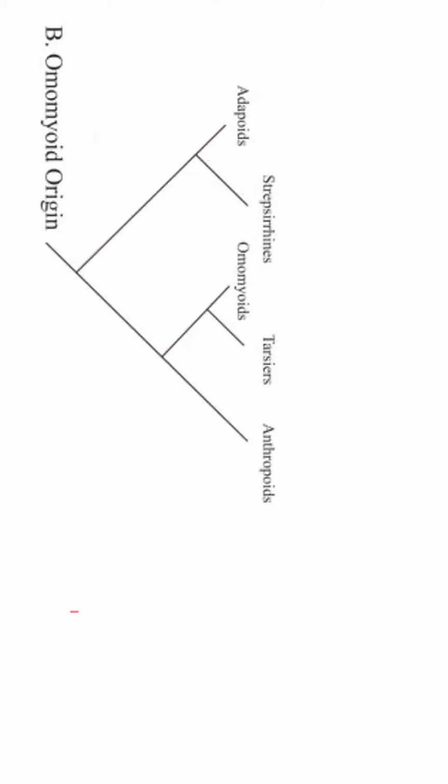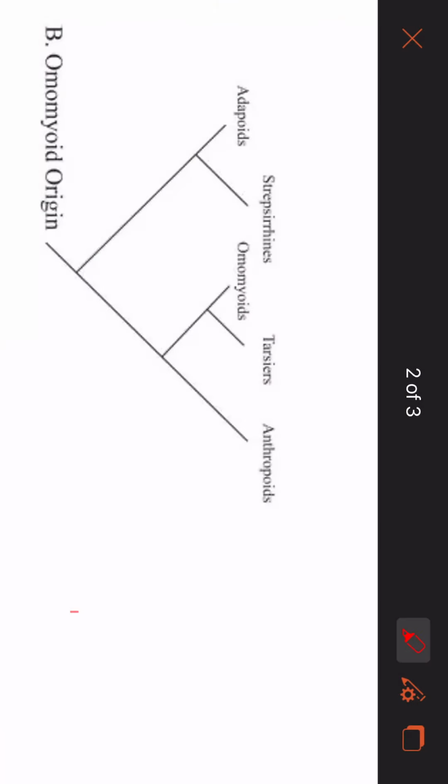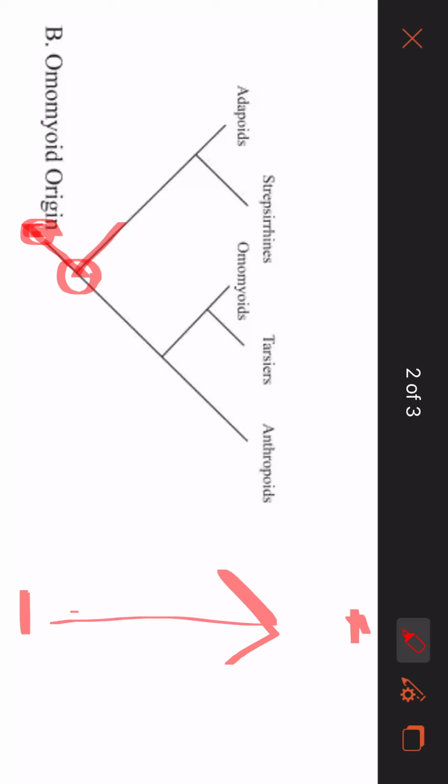So let's look at the omomyoid origin. Pull this up again. Okay, so again, we have time flowing in that direction. More recent, earlier, right? In this model, there's this unknown ancestor for all of the primates that existed here. It continued to evolve in that direction. But in this model, adapoids were the first to diverge, this species eventually leading to adapoids.